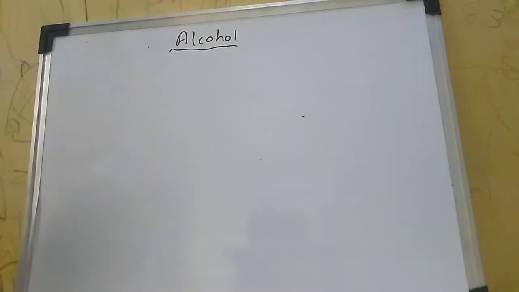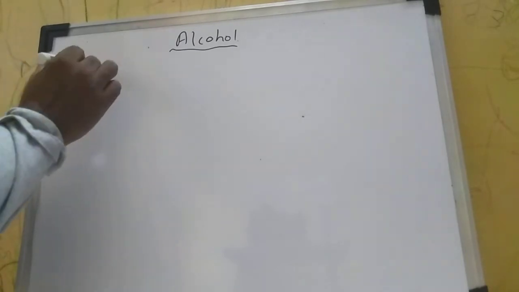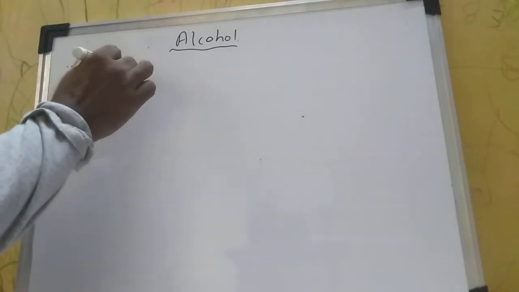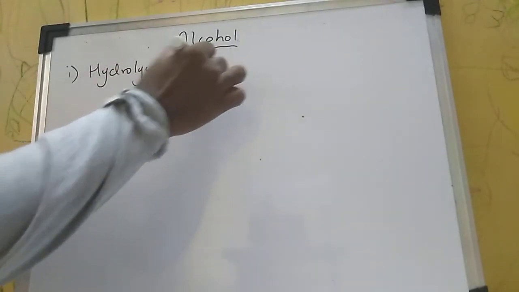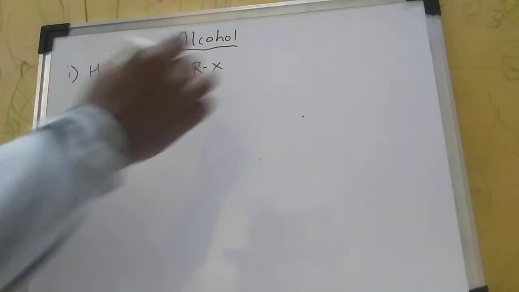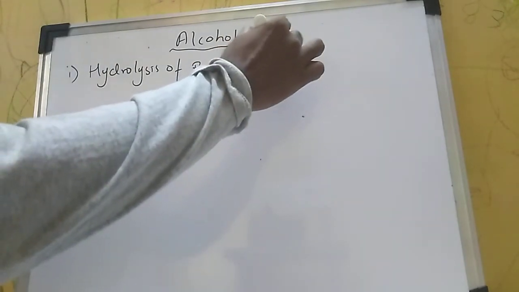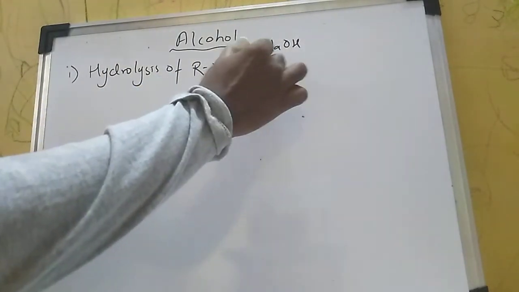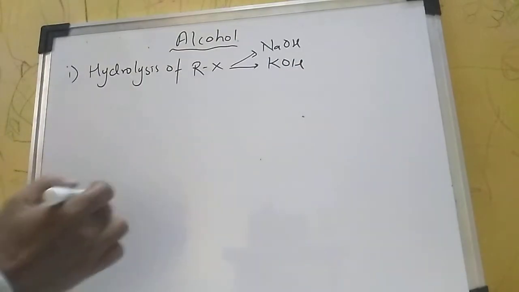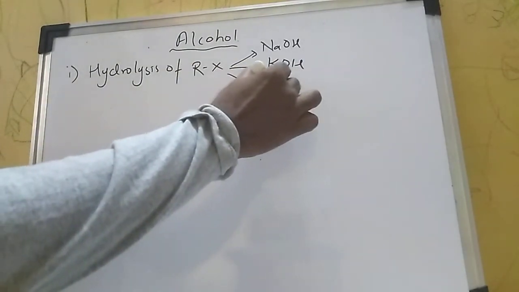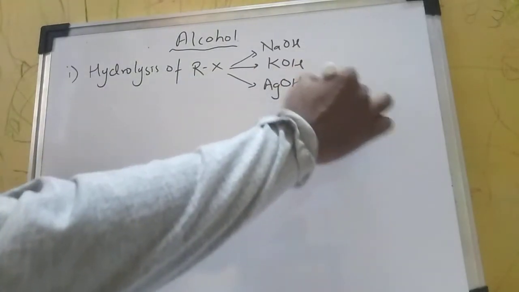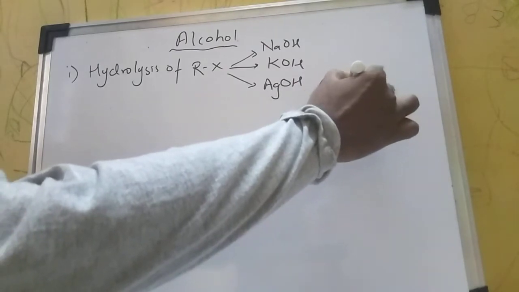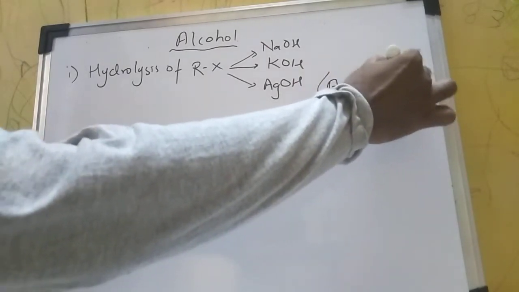Last time we finished with the first preparation, that was by hydrolysis of alkyl halide with NaOH, KOH, AgOH, silver hydroxide, an unstable hydroxide obtained by reacting silver oxide with water.